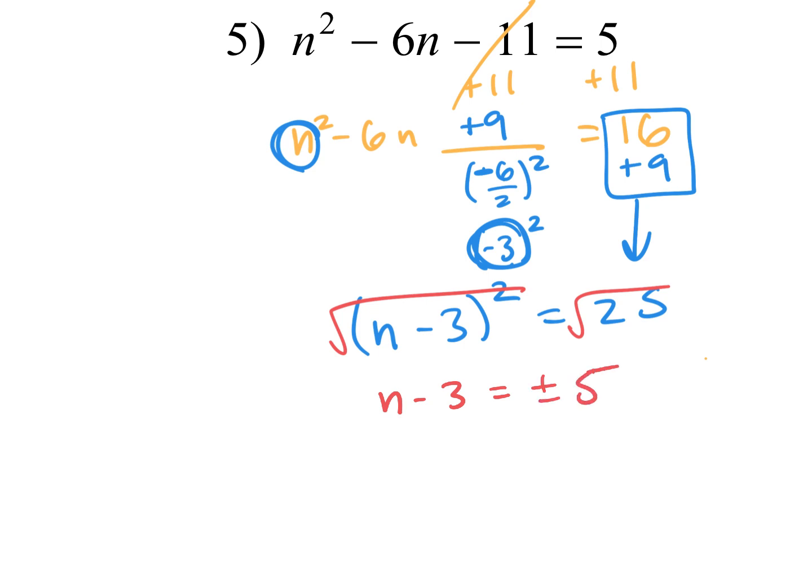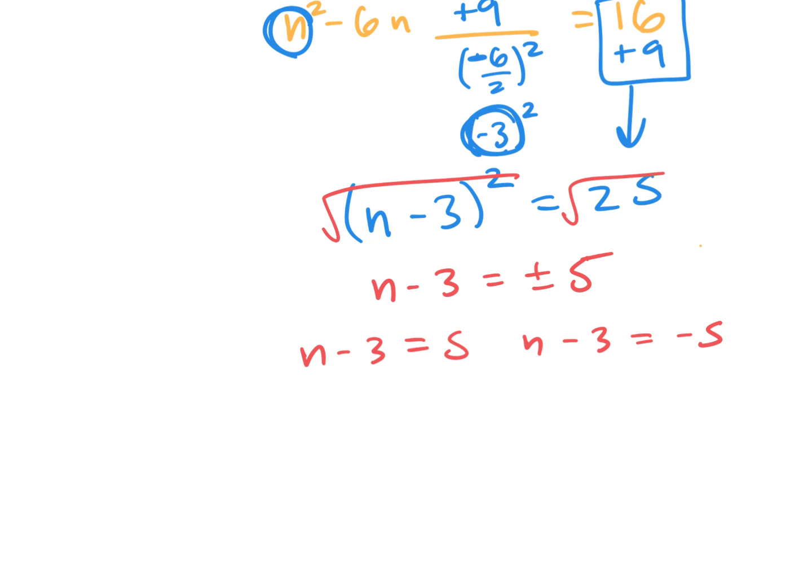Plus or minus 5. And then what should I do? Separate them. So n minus 3 is equal to 5, and n minus 3 is equal to negative 5. Then what should I do? Add 3. So n is equal to 8 and negative 2.